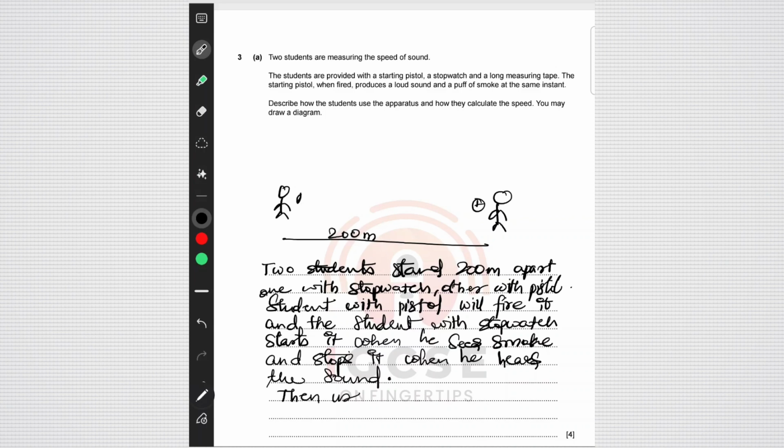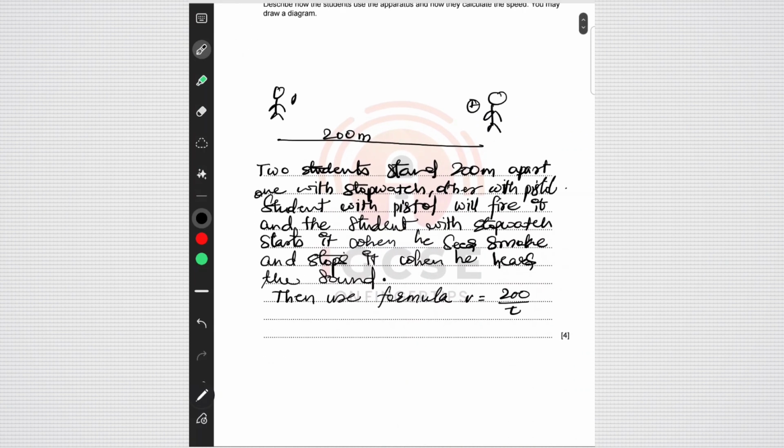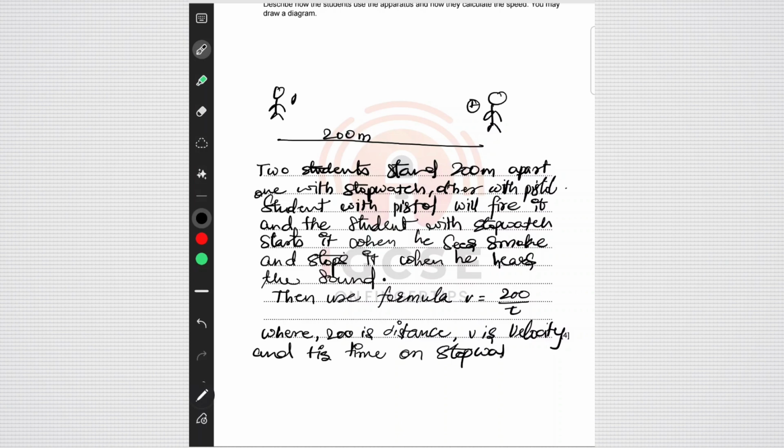Then use the formula v is equal to 200 upon t. We have taken distance as 200, where, explain your formula: 200 is distance, v is velocity, and t is time on the stopwatch.